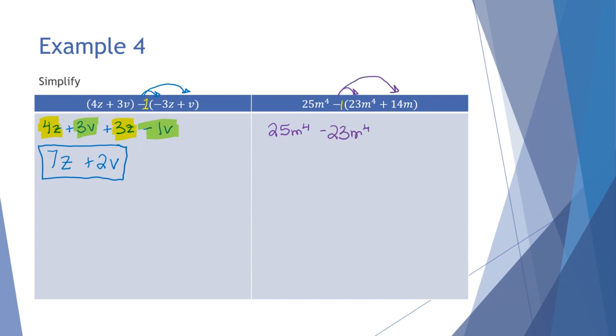And then negative 1 times 14, that's a negative 14m. So now highlighting my like terms, those are the m to the fourths. I have 25 minus 23, which is 2. So I have 2m to the fourth minus 14m.